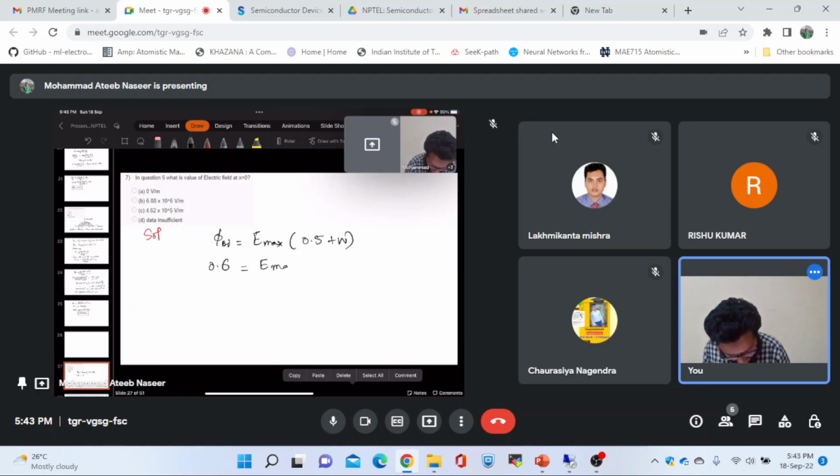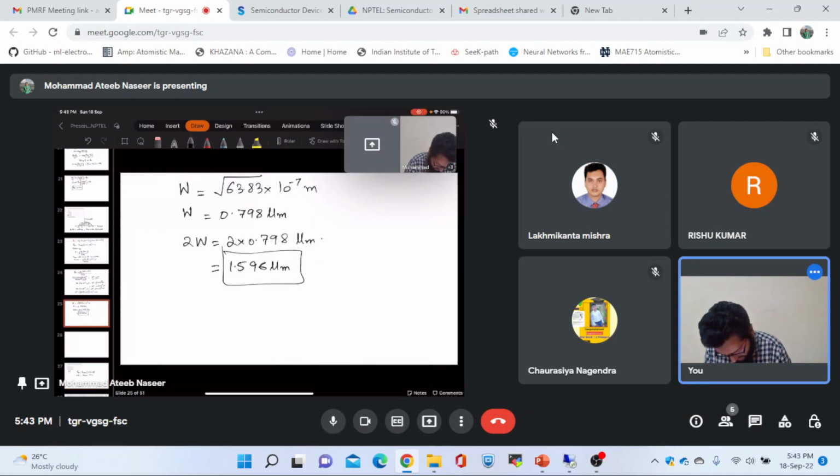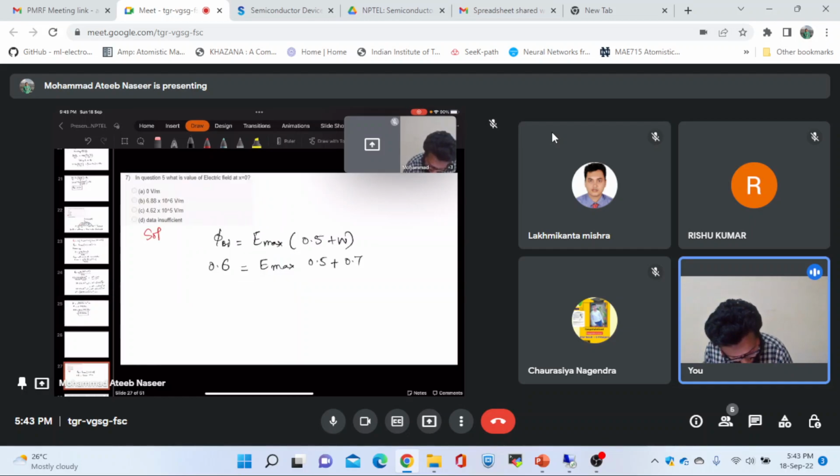This 0.5 is in micrometers, and this W came out to be 0.798, in micrometers. So this will simply be 0.6 divided by 1.298 micrometers, which will give the maximum electric field.